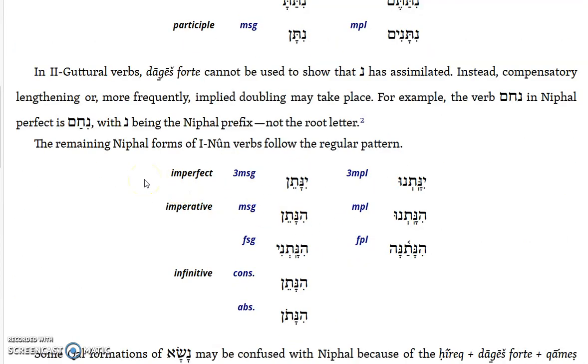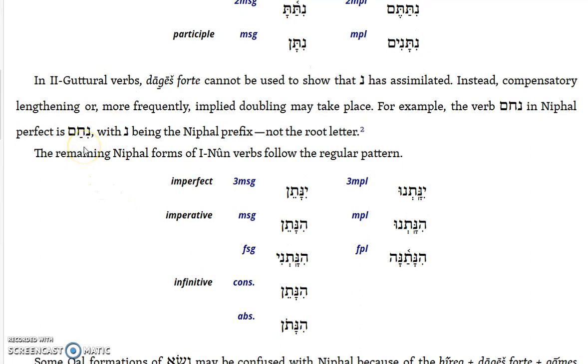Now, if the second consonant of the root is a guttural, then the nun is not going to be able to assimilate. In such cases, you will get either the nun being written, or there'll be compensatory lengthening, or there'll be virtual doubling. So if you take a pretty common word, nacham, which in the niphal means to be sorry, or show compassion, the form should be nincham in the niphal.